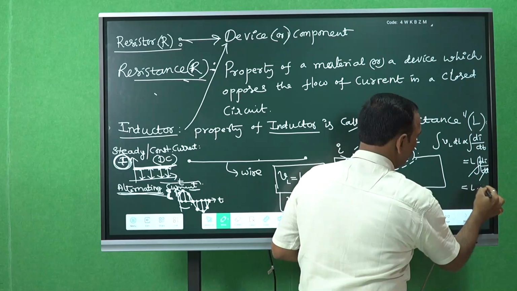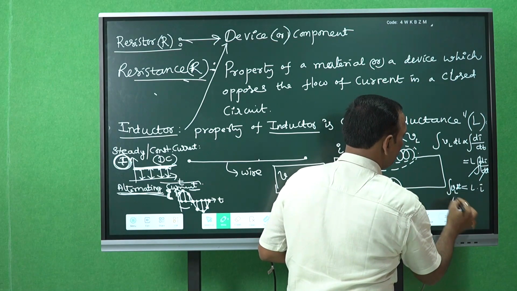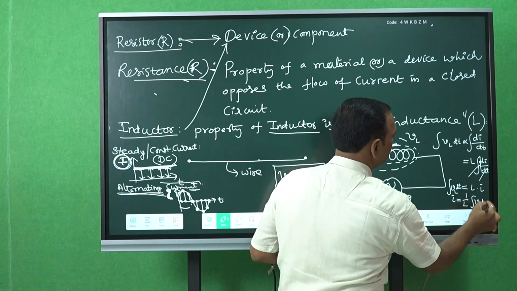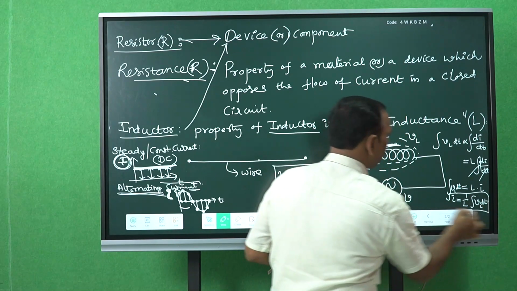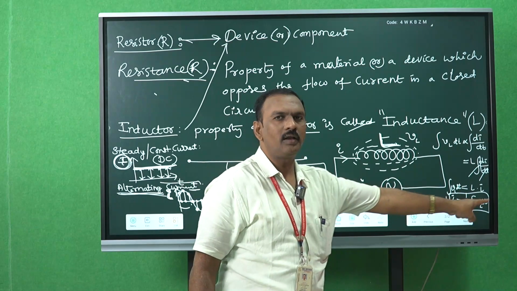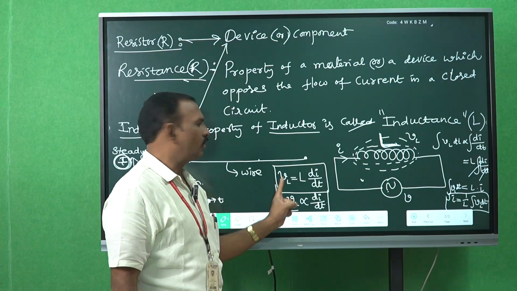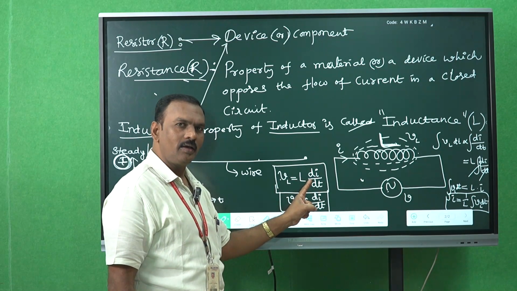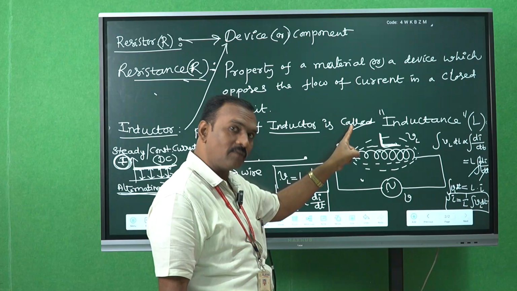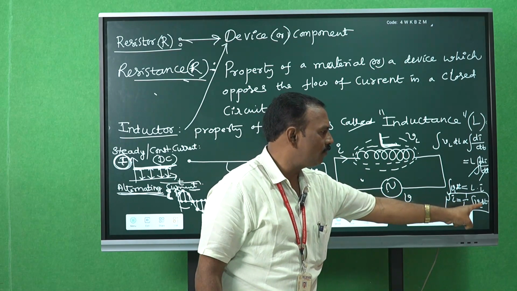Then L into I is equal to integral of VL dt, so I is equal to 1 by L into integral of VL dt. The voltage across the inductor is VL equals L di by dt, and the current passing through the inductor is I equals 1 by L into integral of V dt.